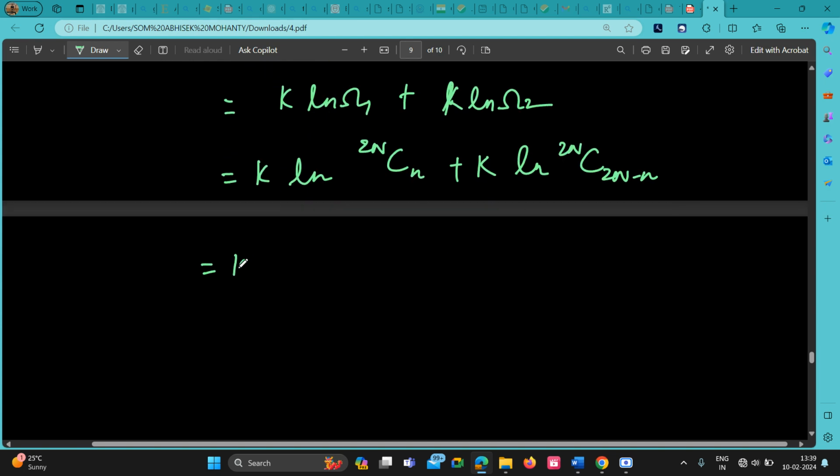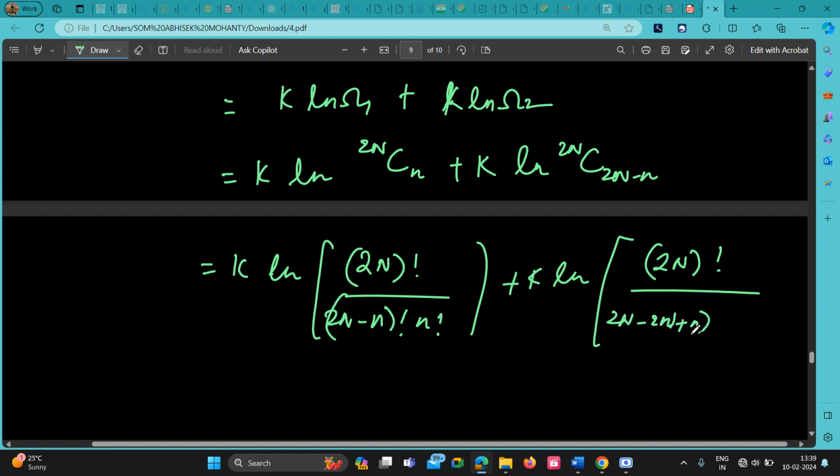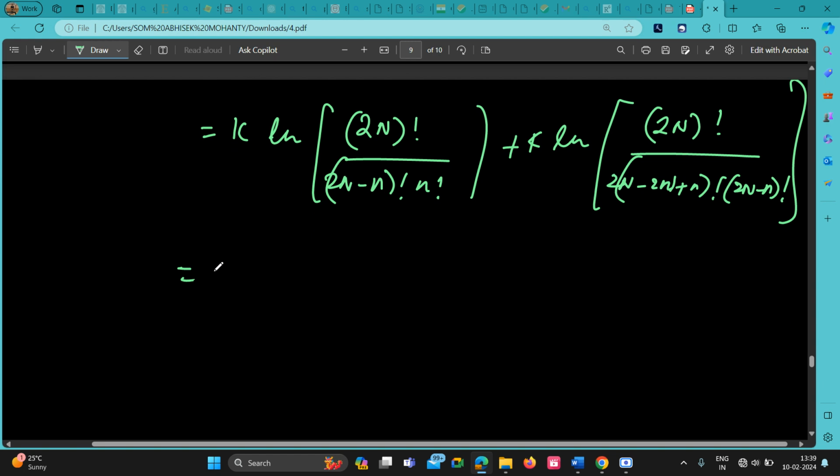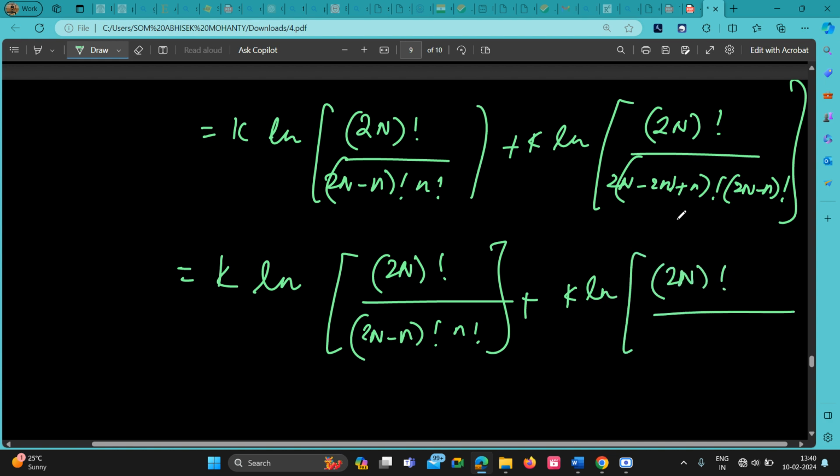Now you have to open it. k ln of 2n factorial divided by (2n minus n) factorial into n factorial, plus k ln of 2n factorial divided by (2n minus 2n plus n) factorial into (2n minus n) factorial, which are actually both the same things. So I can write 2k ln of 2n factorial divided by (2n minus n) factorial into n factorial.